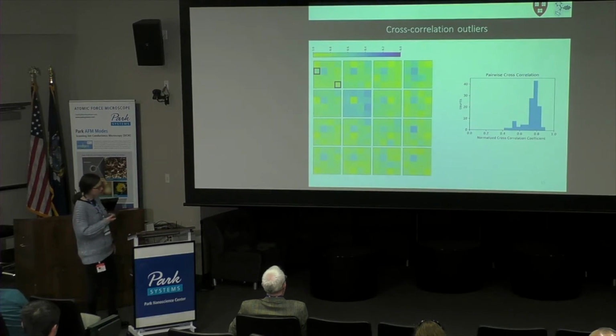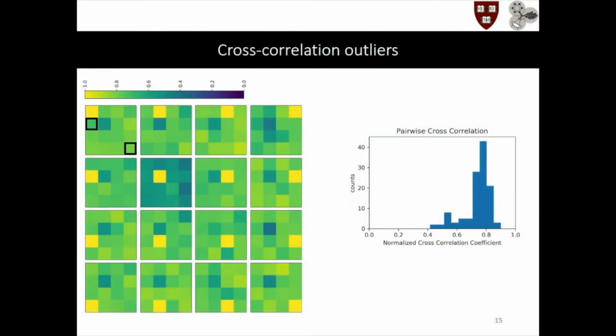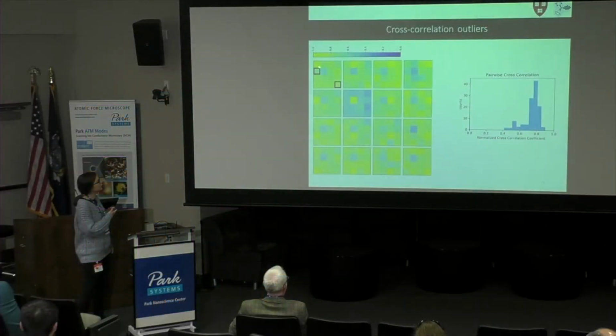And I think this particular representation allows us to visualize if there are outliers there. So for example, this square of less correlated image is reproduced here. So this subpart of the image is an outlier. But generally, we have pretty good cross correlations.